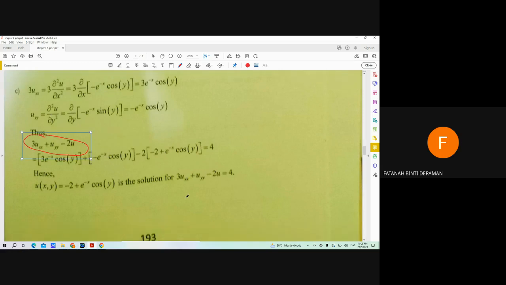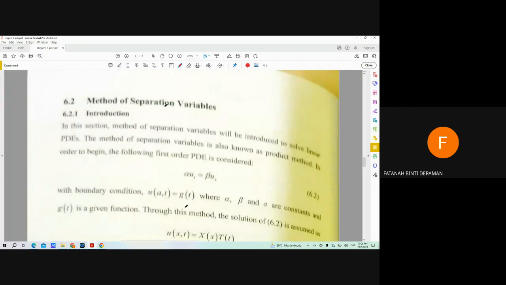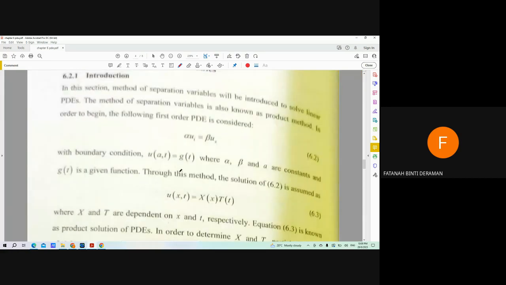You can go through that. The most important part is the method of separable variables. So what is the method of separable variables? You need to have this equation, alpha u_t equals beta u_tx.